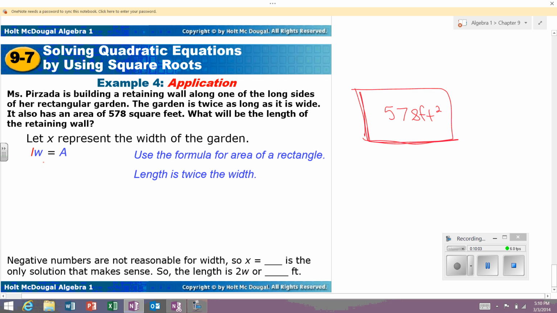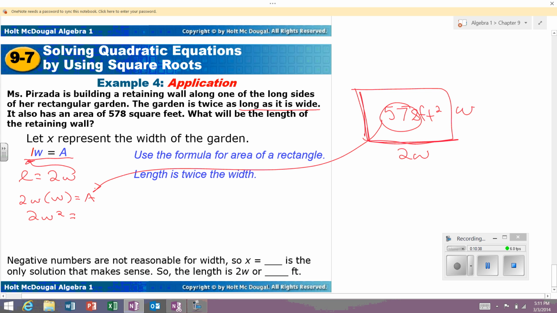Well, the formula we're going to use is we know that length times width gives us area. They're also telling us that if I have the width on one side, the other side is twice as long as that, so it's 2 times W. So to get the area, our length is equal to 2 times W, so I'm going to plug that into L. So I get 2W times W equals A. So 2W squared is equal to, I'm going to plug in the area, 578.